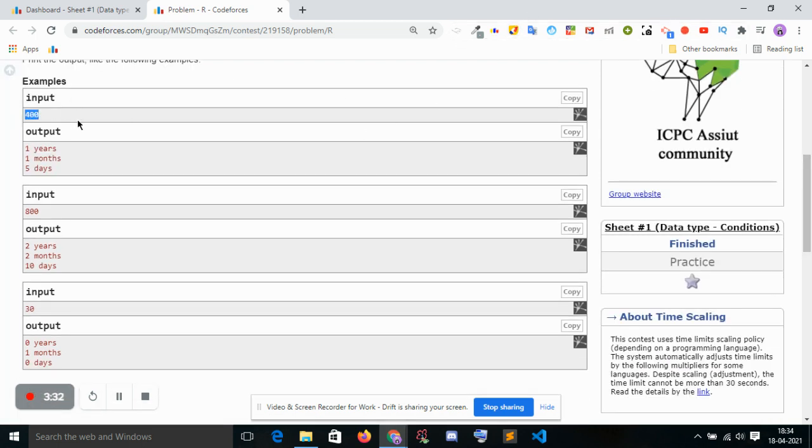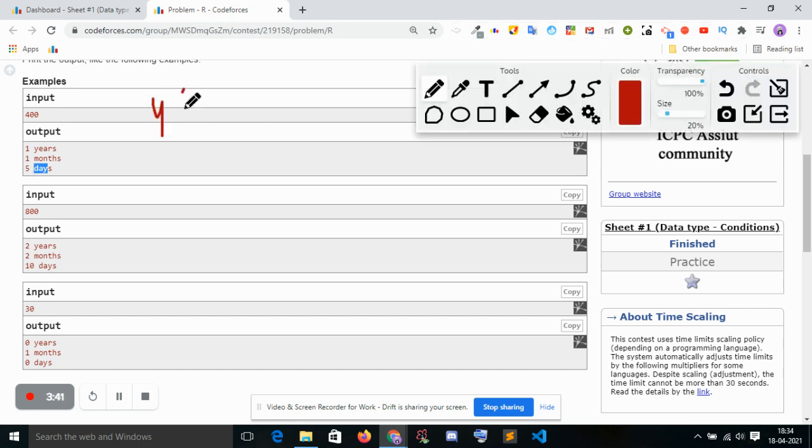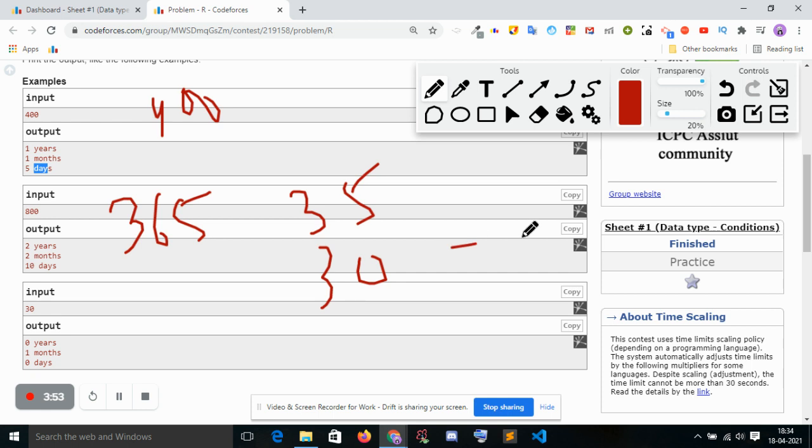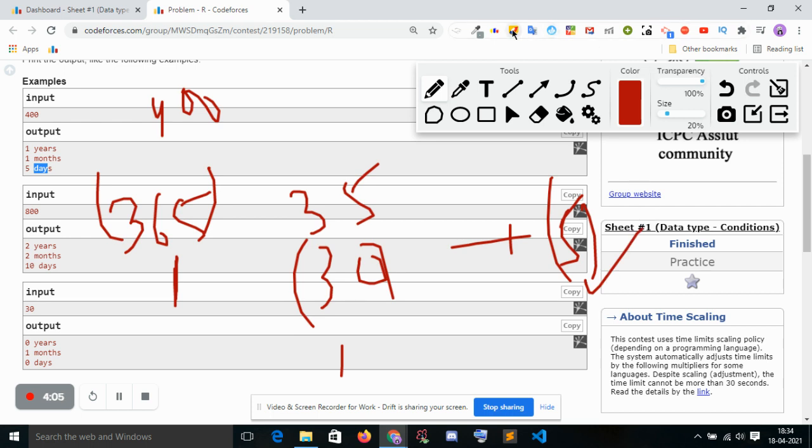I have to print how many years, how many months and how many days are left. 400 days is equal to 365 plus 35. 35 is 30 plus 5. So how many 30s are there? Only one, that means 1 month. How many 365 are there? 1, so that means 1 year. And how many days left? 5 days. That's it. So the trick is very simple.